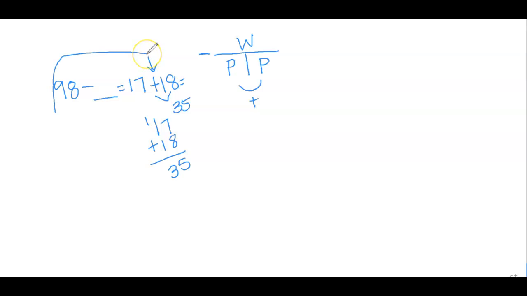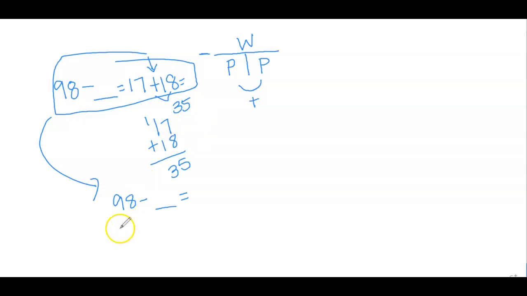This equation is actually easier to look at if you do this: 98 minus blank equals, and then 17 plus 18 equals blank. The blank here we figured out to be 35.